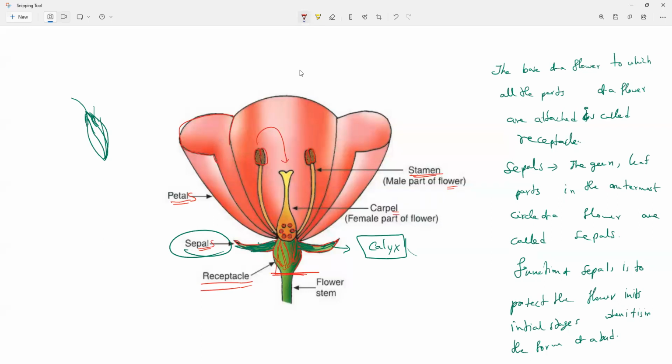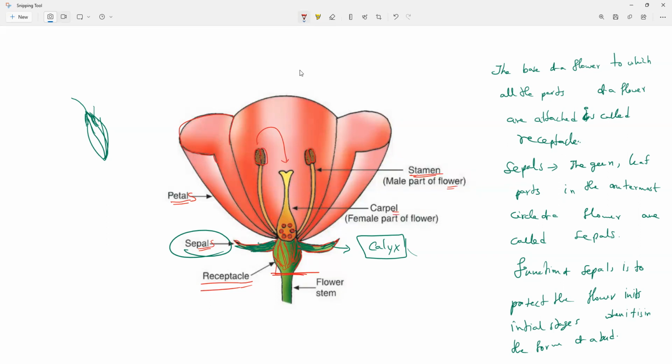That external help can be provided by the what? Sepals, petals only. How, sir? Petals never help directly. Petals will attract organisms like insects or other organisms who will help in reproduction.